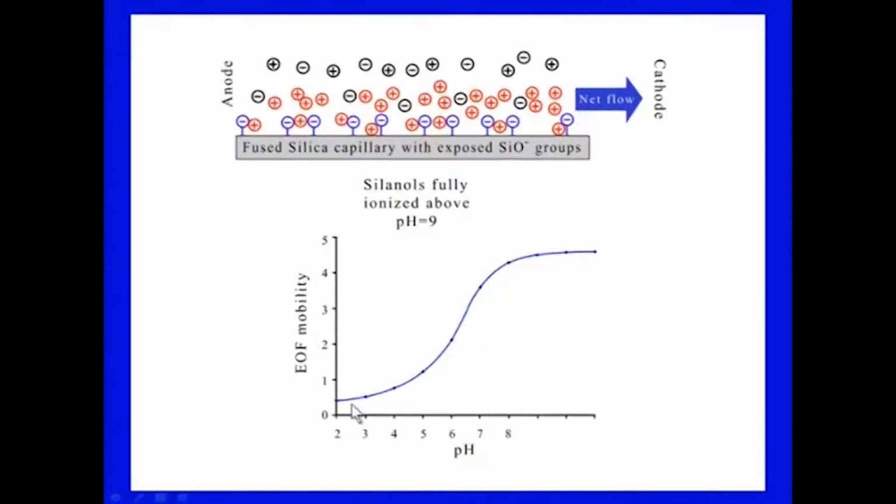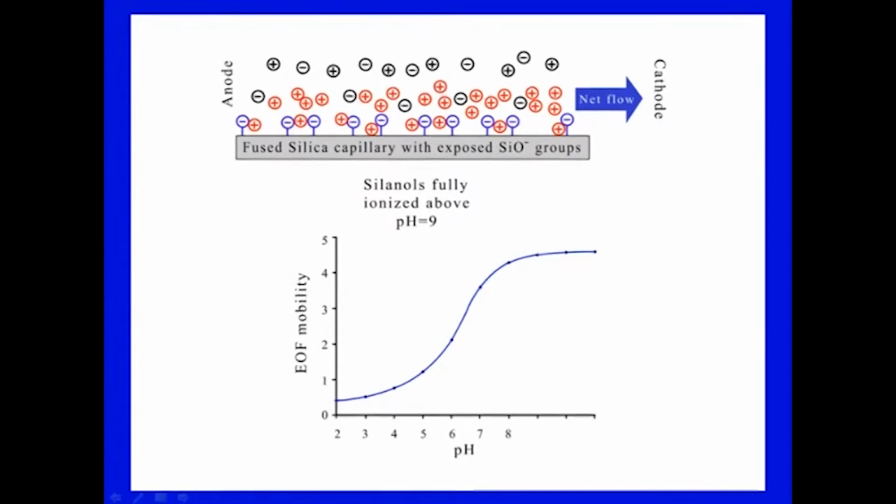Now, in this figure, as the pH increases, the mobility also increases, and that is because the charges increase in here. So, net flow is towards the cathode, and it carries everything towards the cathode, even negatively charged entities.